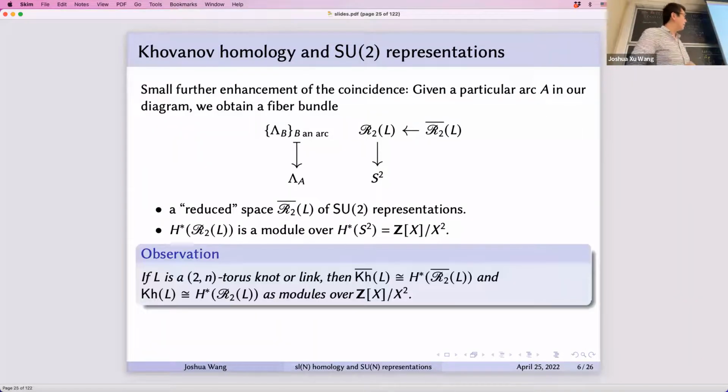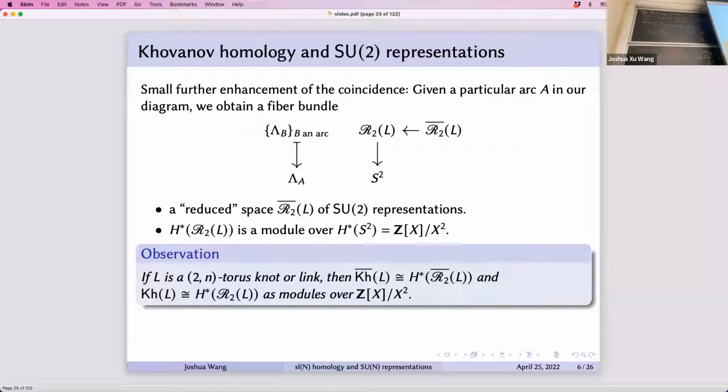And indeed, if you look again at these 2n torus knots and links, there's something called reduced Khovanov homology, which depends on a choice of base point, which you can think of as distinguishing an arc. And the reduced Khovanov homology matches the cohomology of this reduced representation space.